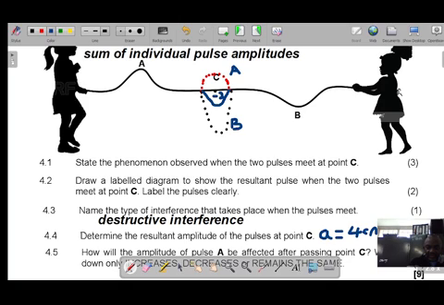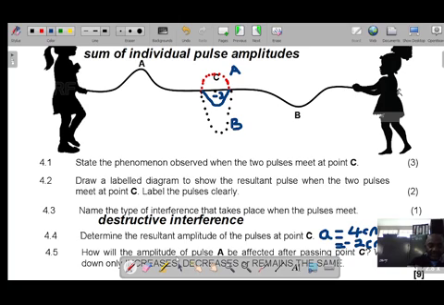If I add negative 6 centimeters and positive 4, my answer is negative 2 centimeters. That's my resultant amplitude. Let us proceed.